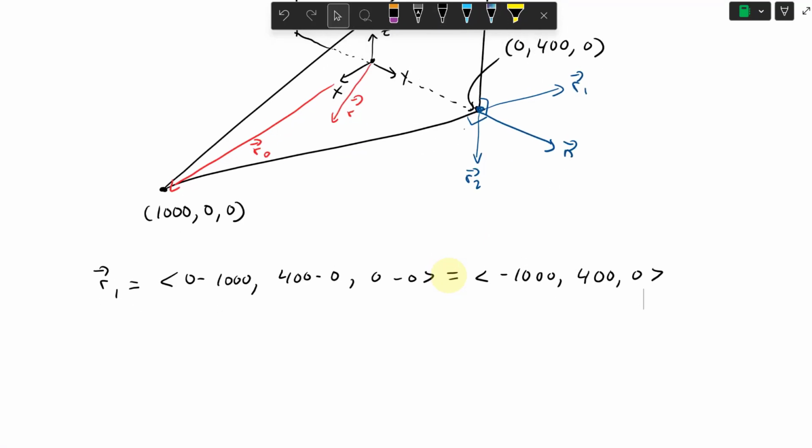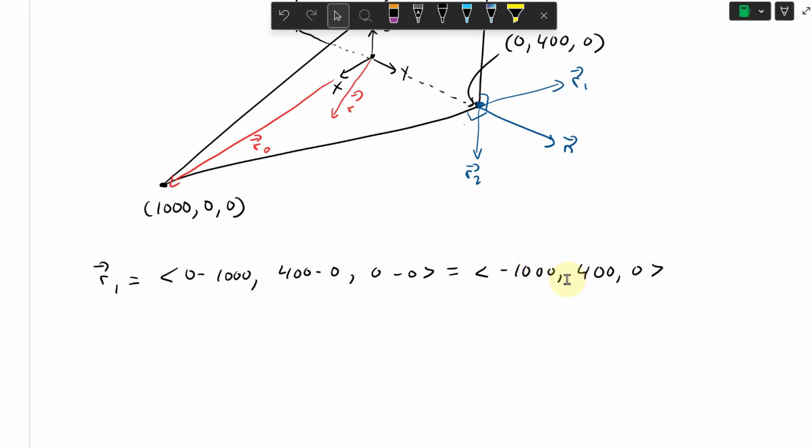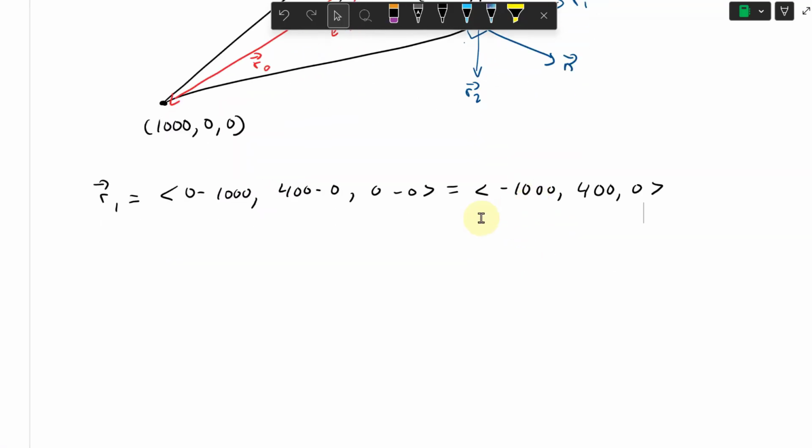Since this is pretty large, with a bunch of zeros, we can just get rid of those, and all we care about is a parallel vector to it. It doesn't matter what the exact one is when we take the cross product. So what we'll do is factor out a negative 200. Negative 1000 divided by negative 200 is positive 5.